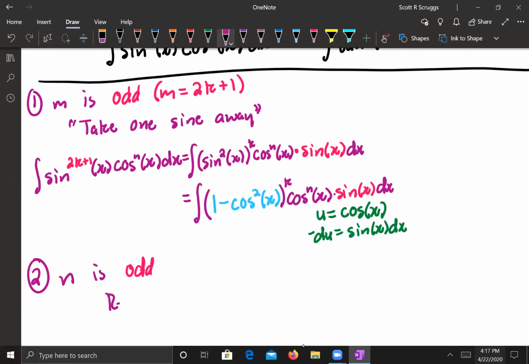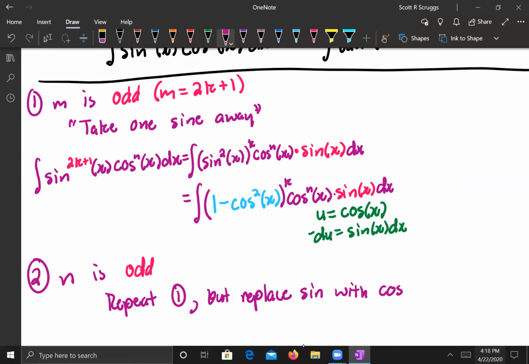Essentially, we're going to repeat method 1, but wherever I did a sine in method 1, I replace with cosine. So if the power with n is odd, I want to take one cosine away. I want to use a trig identity to rewrite cosine squared as 1 minus sine squared. And my u sub will be sine of x, and my du will be cosine of x dx.